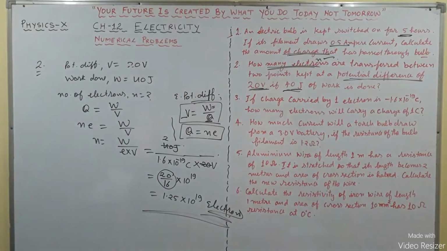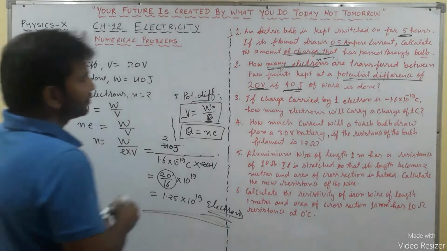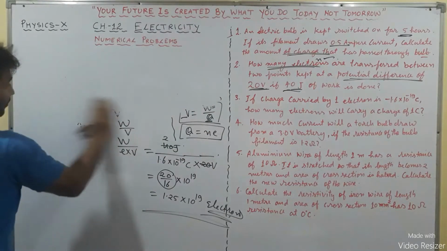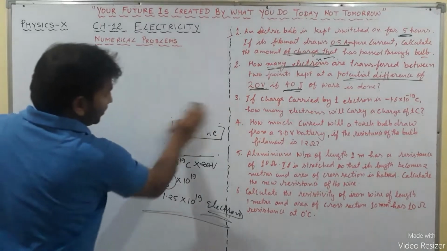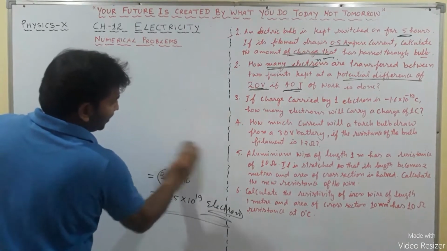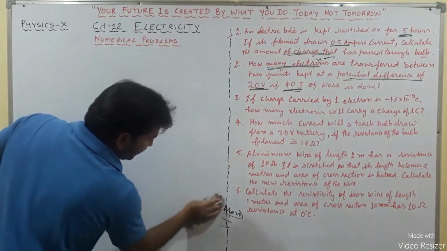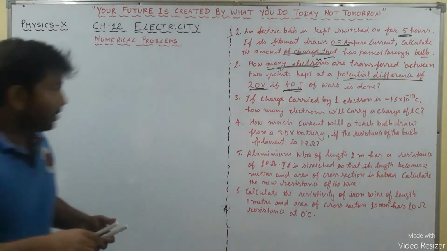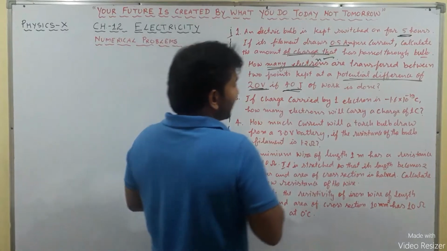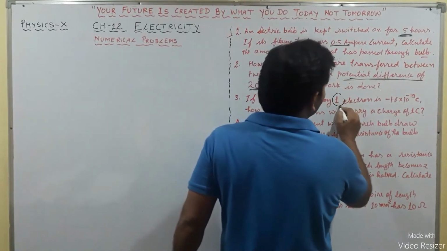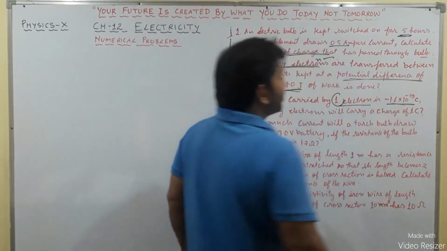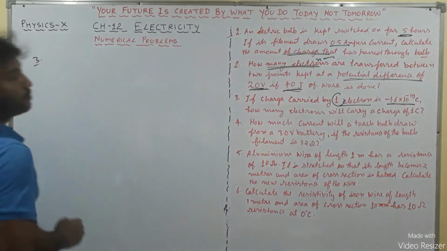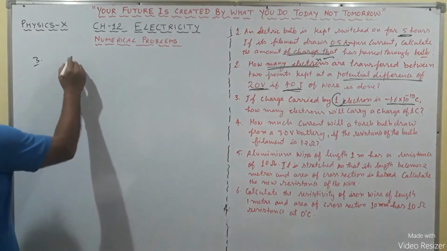Let us move on to question number 3. What is there in question number 3? If charge carried by one electron is minus 1.6 into 10 raised to power minus 19 coulomb, that means what is given?